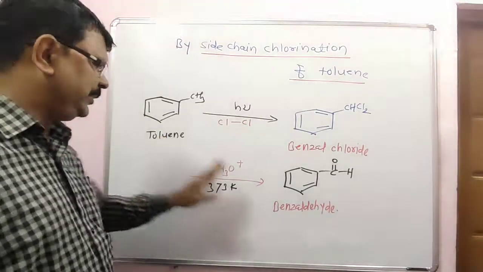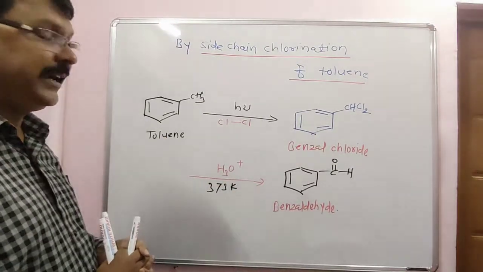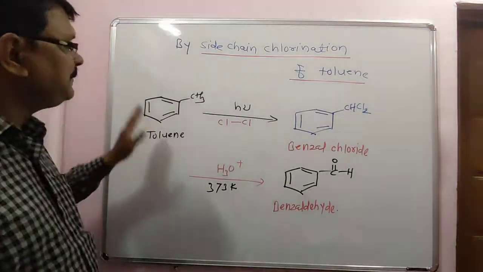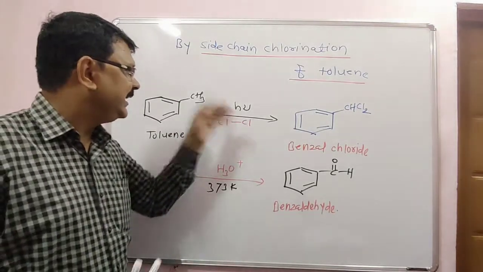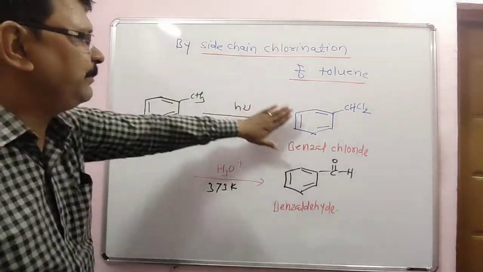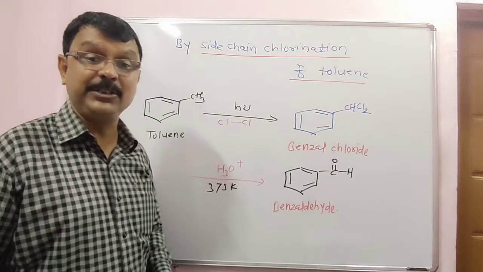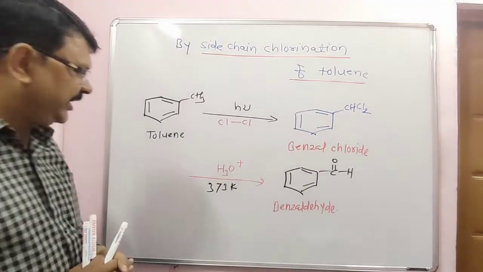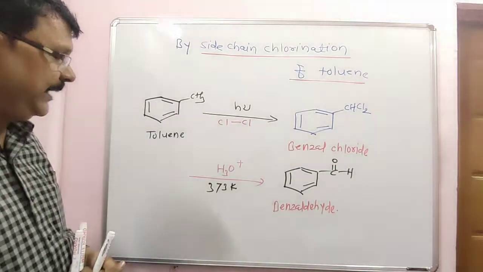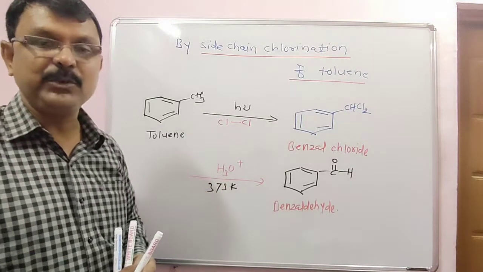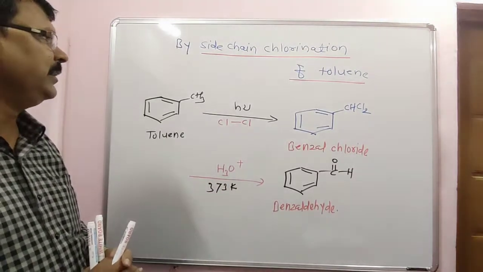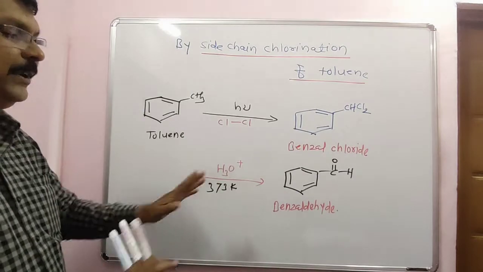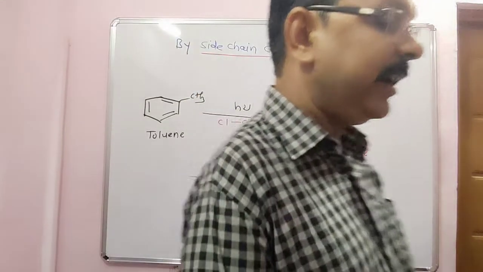Answer: the methyl group, the side chain of toluene, is reacted with chlorine gas in presence of light, hν. First it gives benzyl chloride, which on acidic hydrolysis at 373 Kelvin temperature forms benzaldehyde. This is the complete preparation method of benzaldehyde, an aromatic aldehyde, by side chain chlorination of toluene.